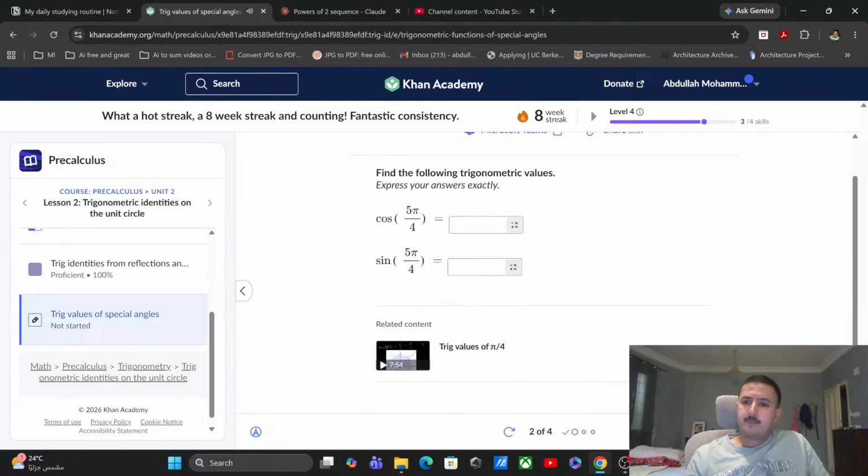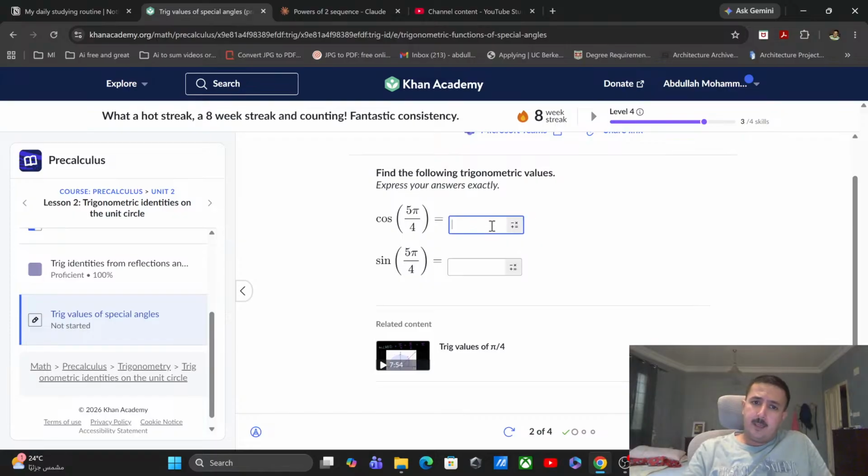Okay. So radian cosine. I think it's the same. Cosine 5 pi over 4.